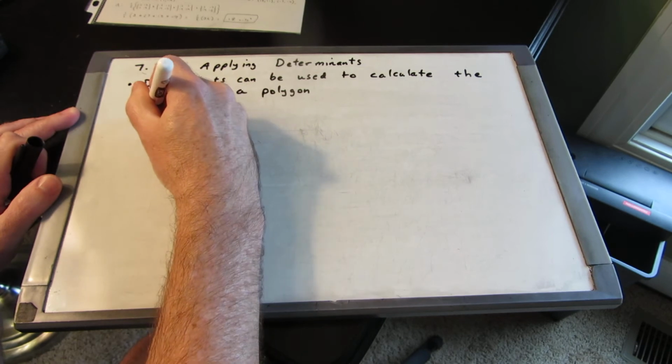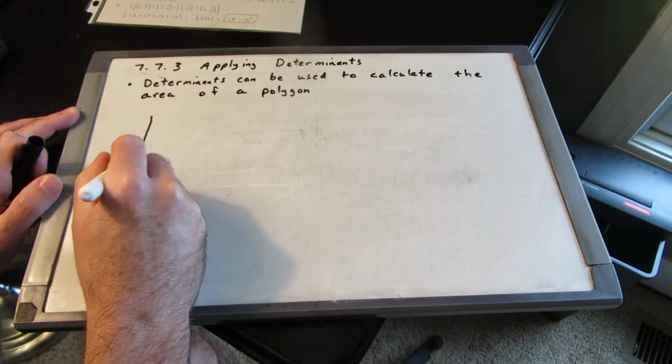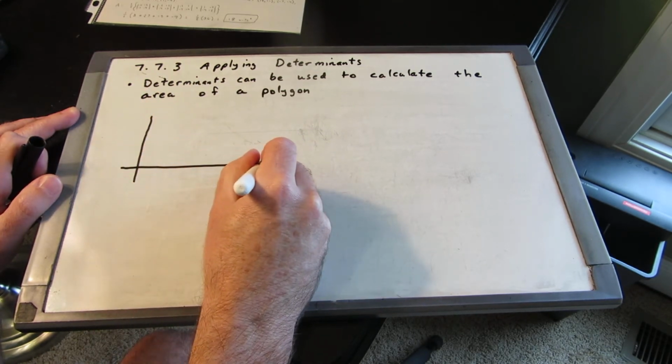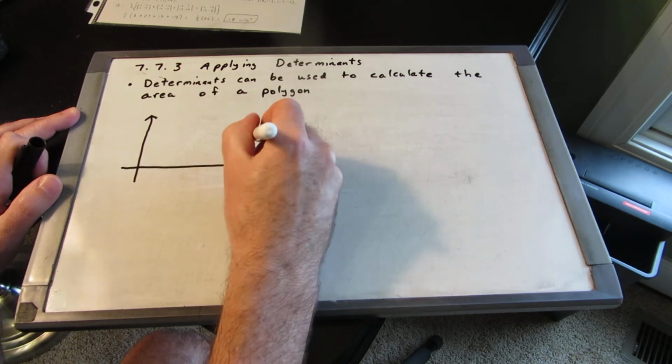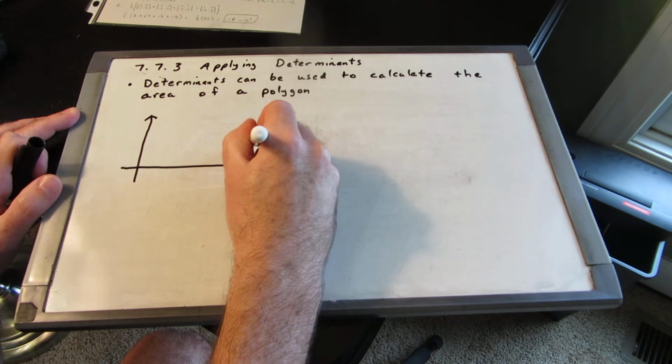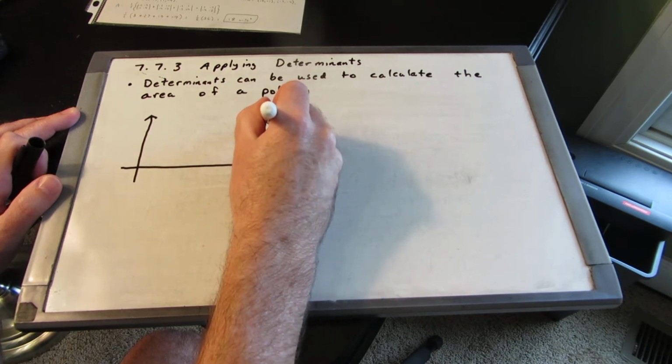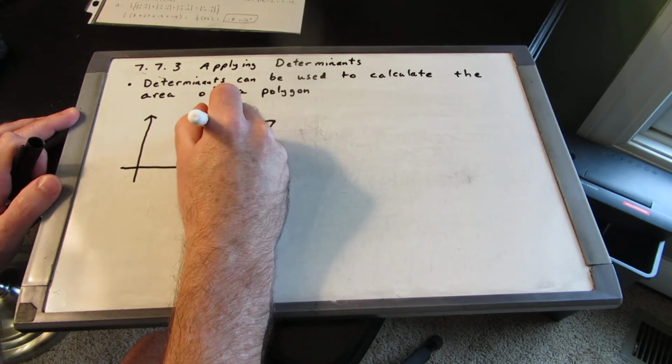So I want to draw a sample polygon. I'm going to do one with a lot of sides. You won't have one with this many sides in your homework, but let's say we've got something like this.